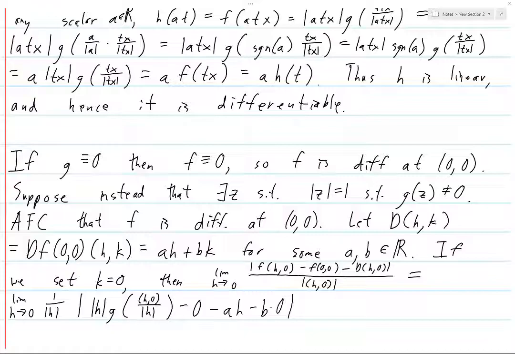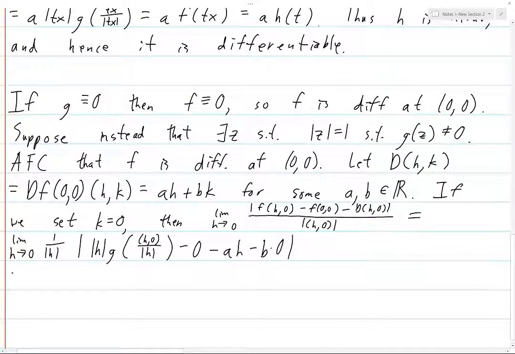Let's see here. So this is equal to the limit as h goes to 0 of 1 over the norm of h. And then here we've got the norm of h. Well, I guess no, we don't have that. Okay, so here's what I think we're going to do: this trick again. So we've got (h,0) over the norm of h.